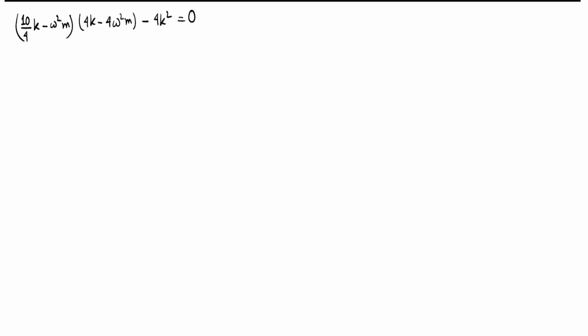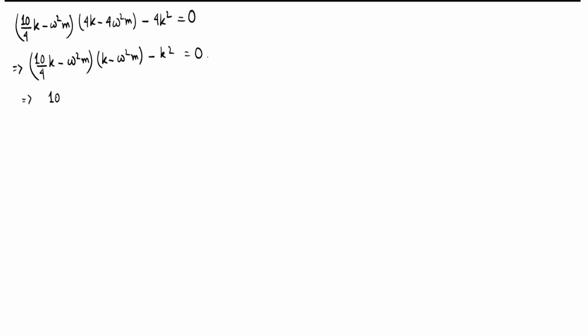So you can cut out 4. So this is 10 by 4k minus omega square m into k minus omega square m, minus k square equals to 0.